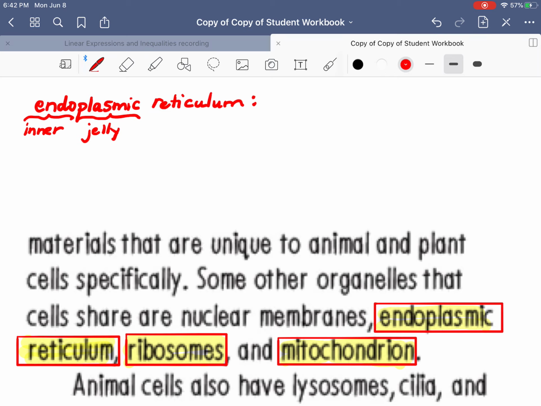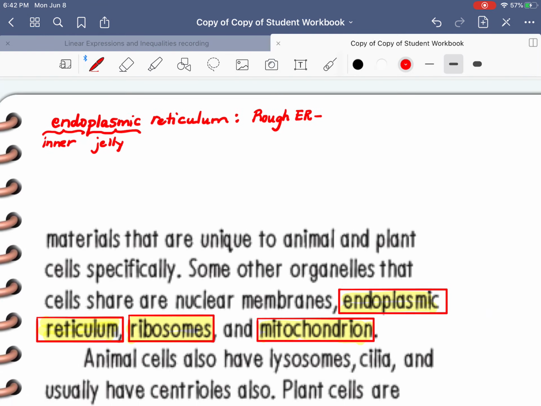Let me think how I want to do this. Let's do it by two types. There is what's called the rough ER, the rough endoplasmic reticulum. And its job, I'll show you, let me just go to the diagram just a minute.